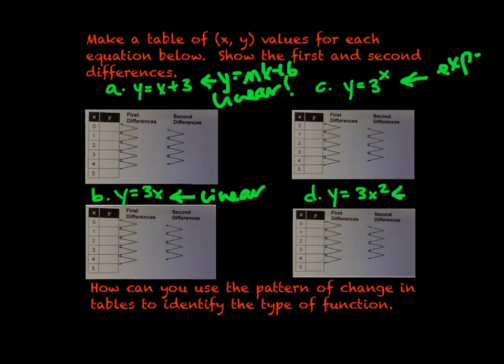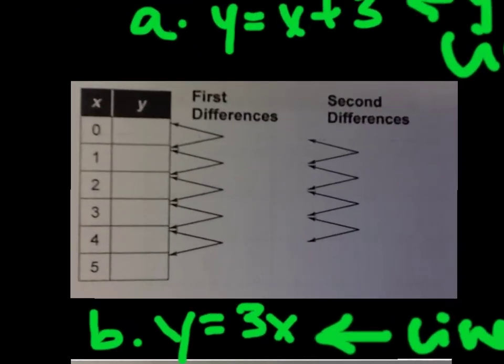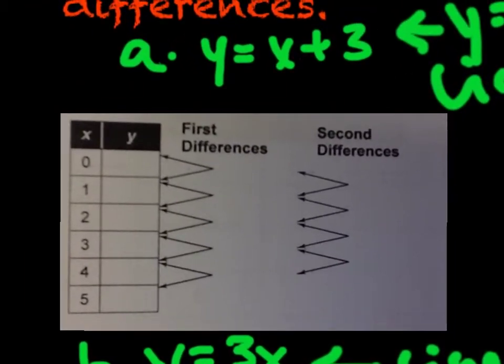And our very last one is our indicator of quadratic because we can see that x squared value. But let's look exactly at what happens with those first and second differences and see what occurs. So let's zoom in and fill out our first table altogether, and then after that I will fill in the other ones for us.